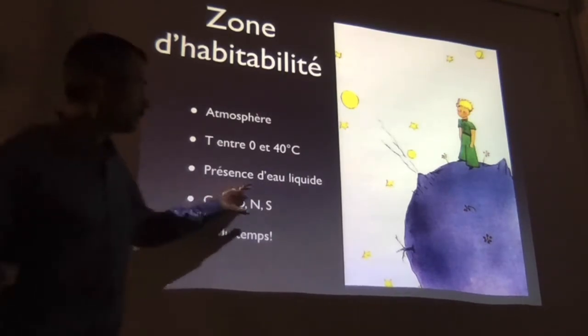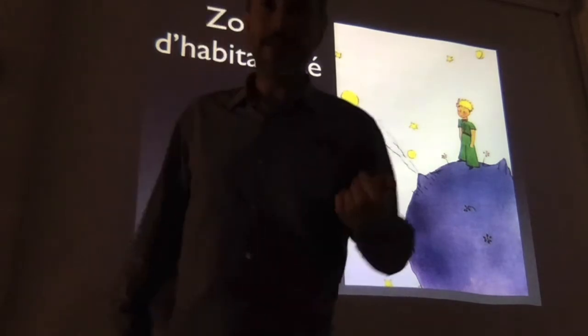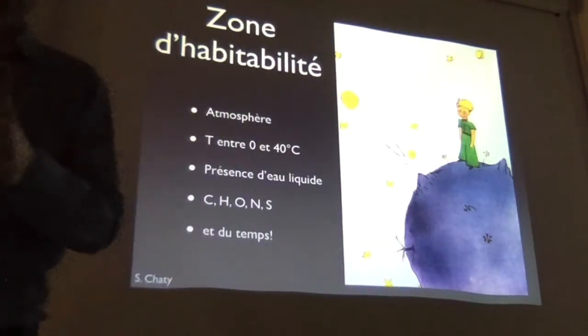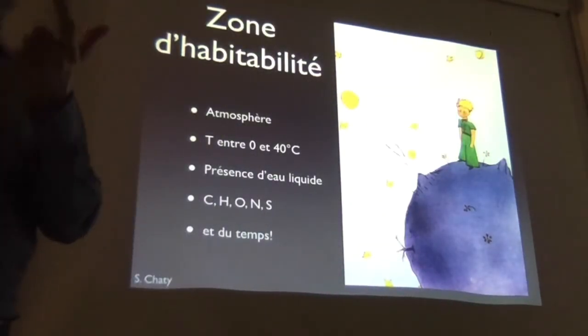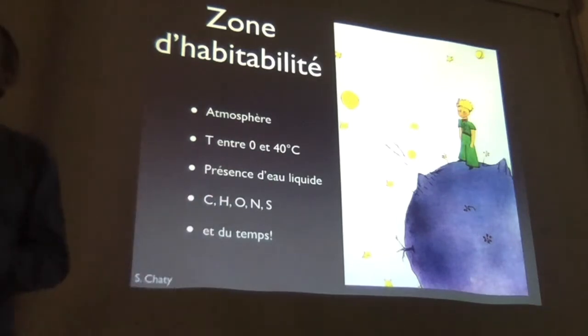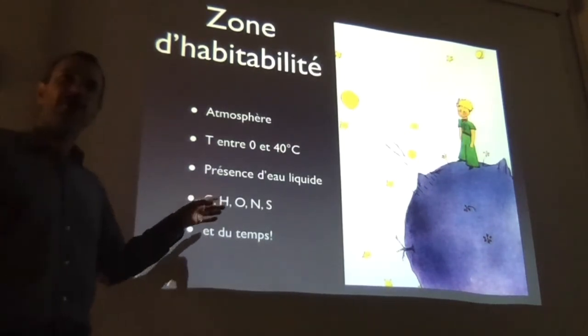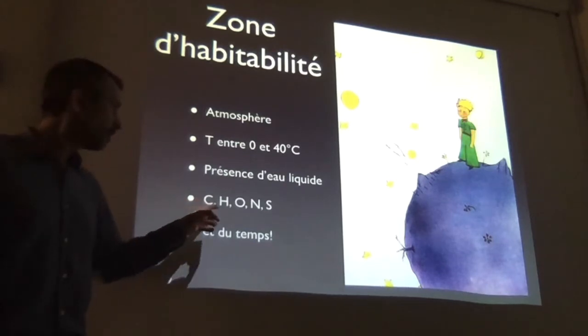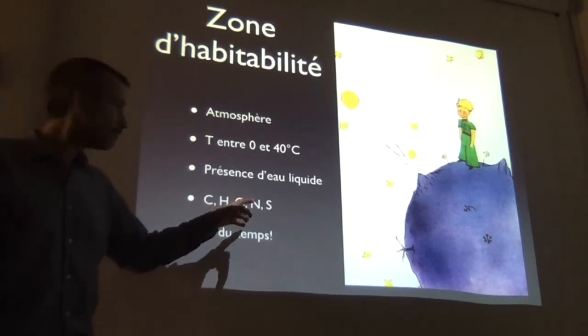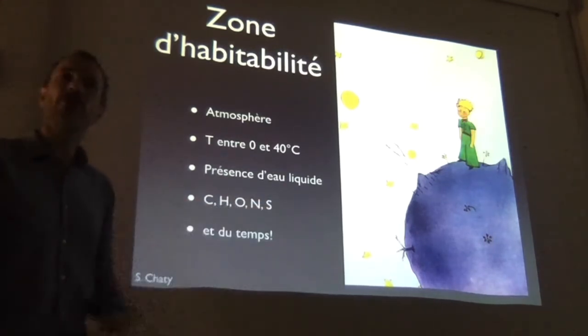And then we want to find planets which are in the habitability zone, with temperature between 0 and 40 degrees, atmosphere, liquid water, but also the ingredients for life to emerge, which in French we call the CHNOPS: carbon, hydrogen, oxygen, nitrogen, and sulfur.